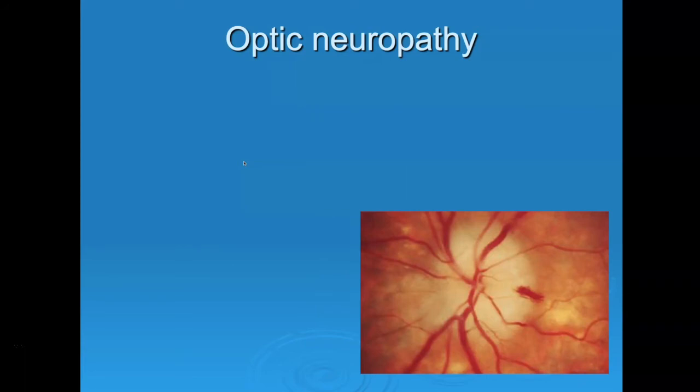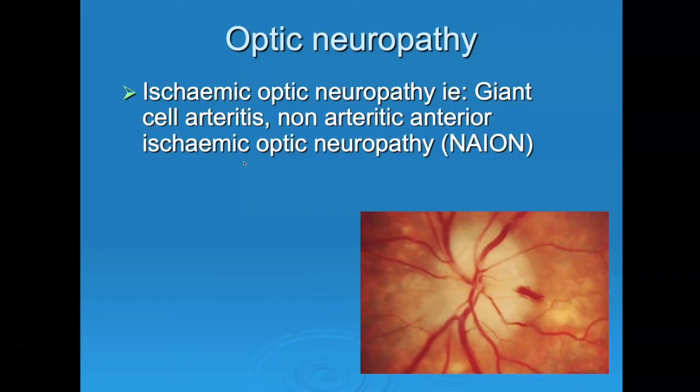Another optic nerve disease is ischemic optic neuropathy. And here you need to be very aware of giant cell arteritis, because giant cell arteritis causes arteritic anterior ischemic optic neuropathy, which can cause irreversible blindness in both eyes, one followed by the other.